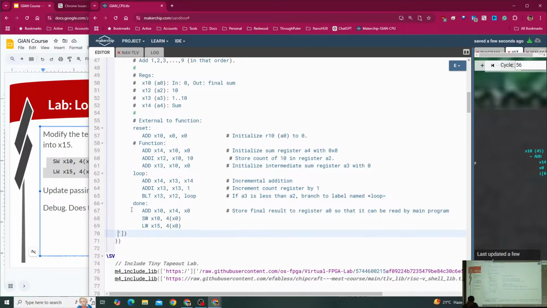I think I added a space here, which matters. I took away spaces.